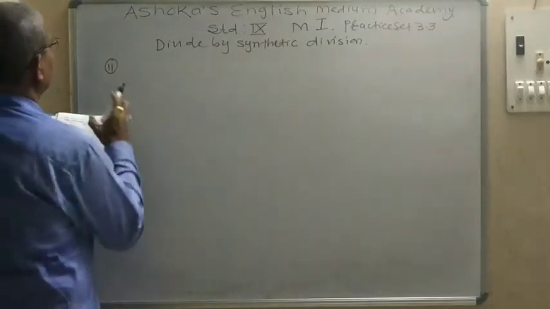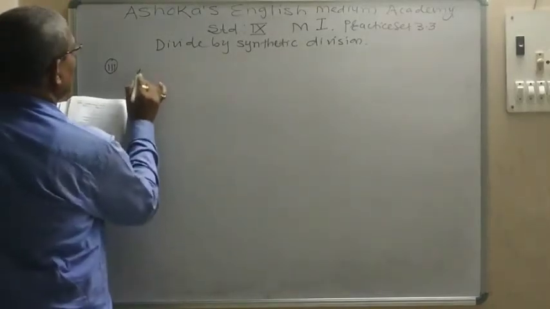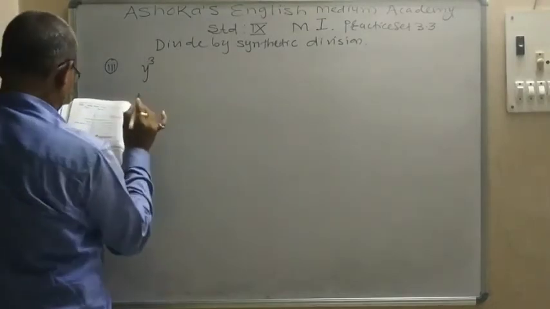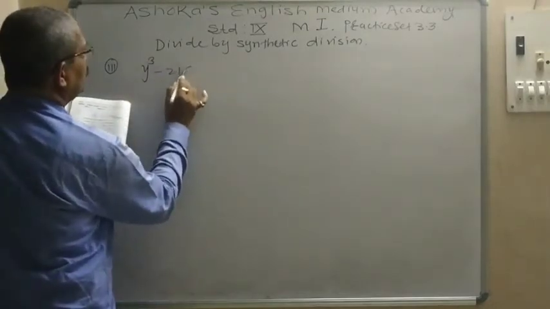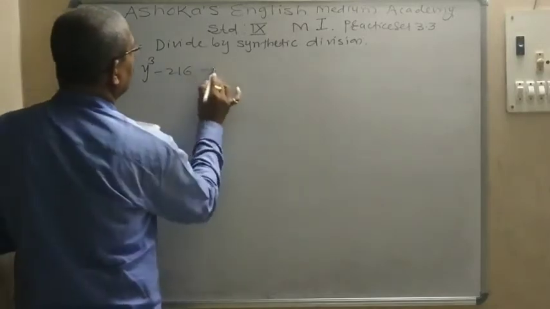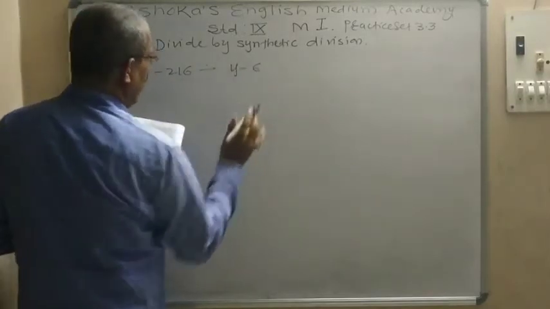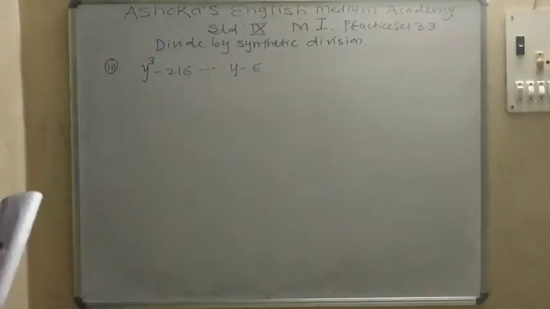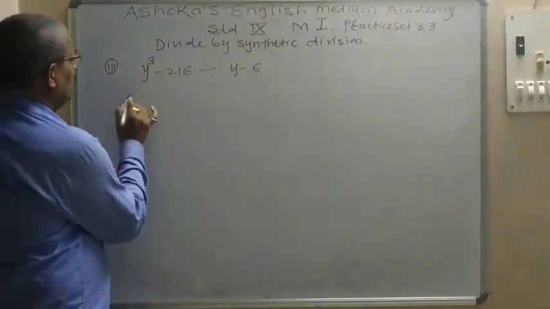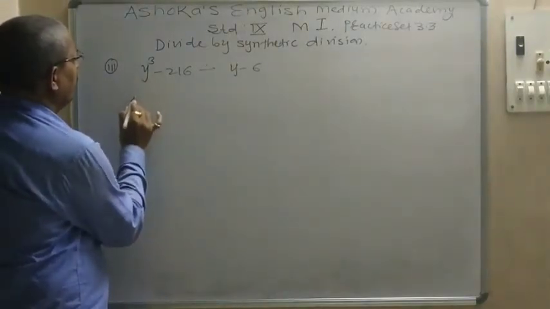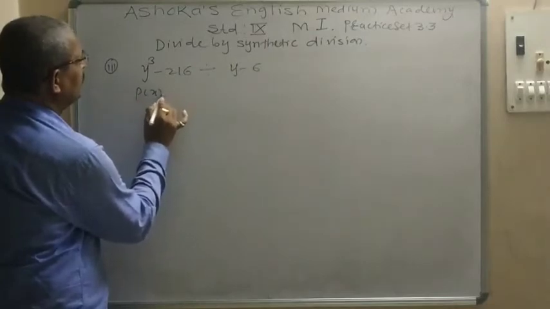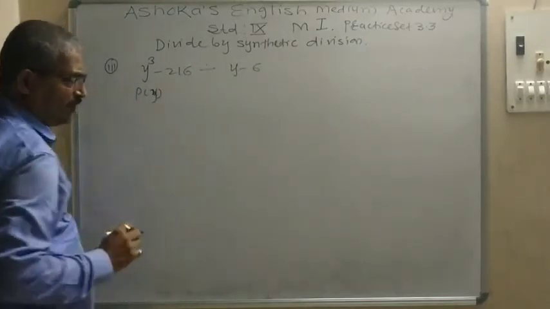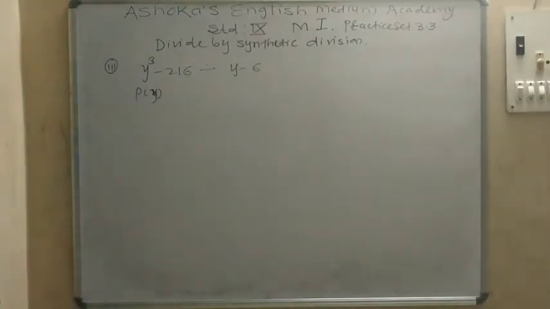Question number 3. y raised to 3 minus 216 divided by y minus 6. So take here polynomial y should come, because what is variable given?